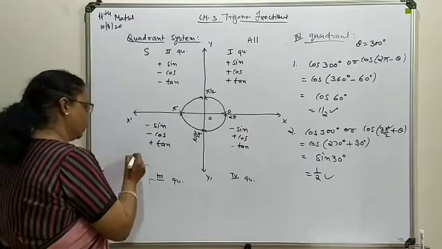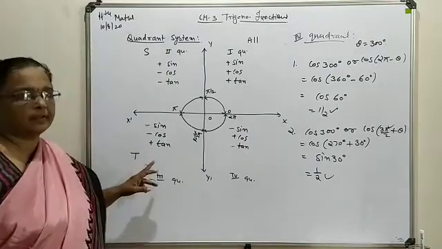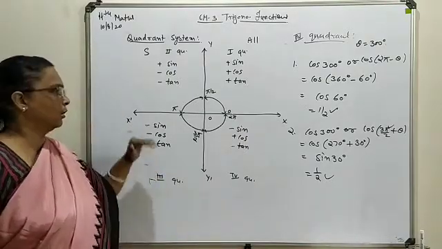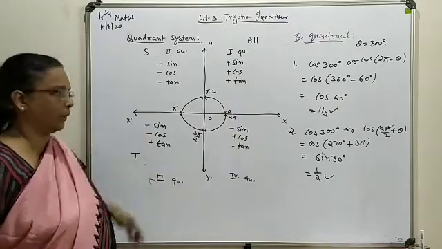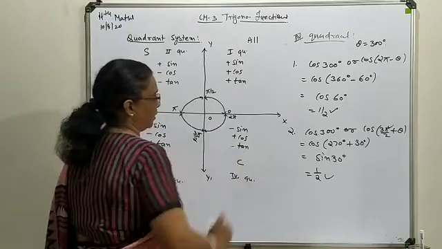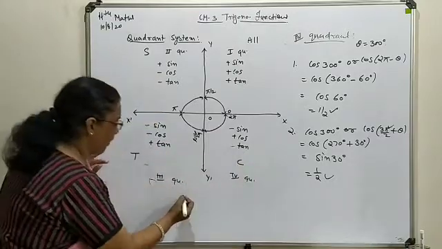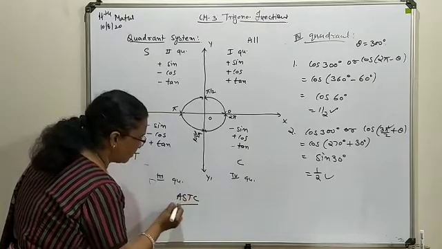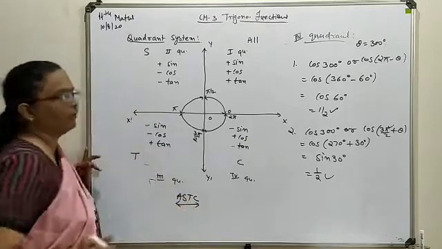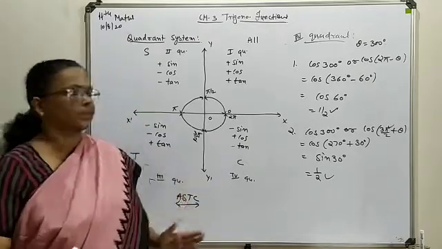Here T, tangent is positive, so the other terms are considered accordingly, meaning sine and cos are negative over there. And here C. So this way we have one format: A, S, T and C.